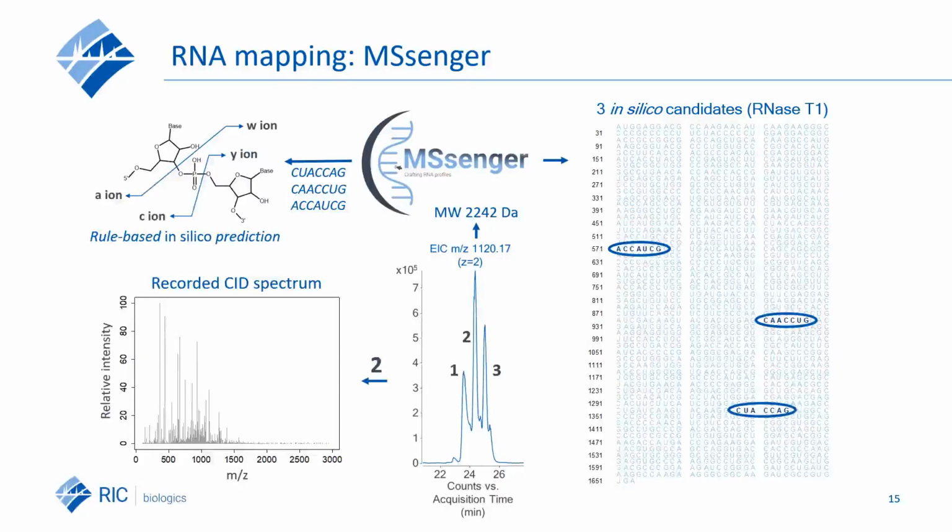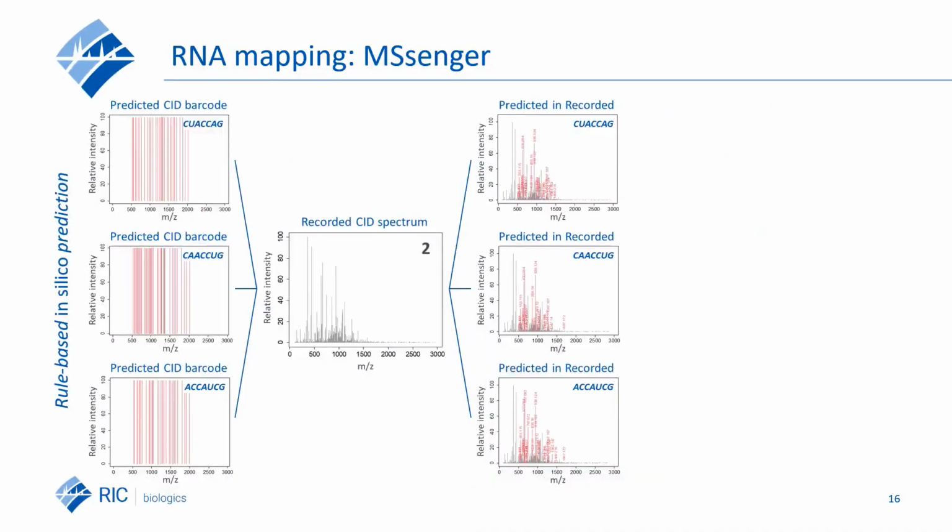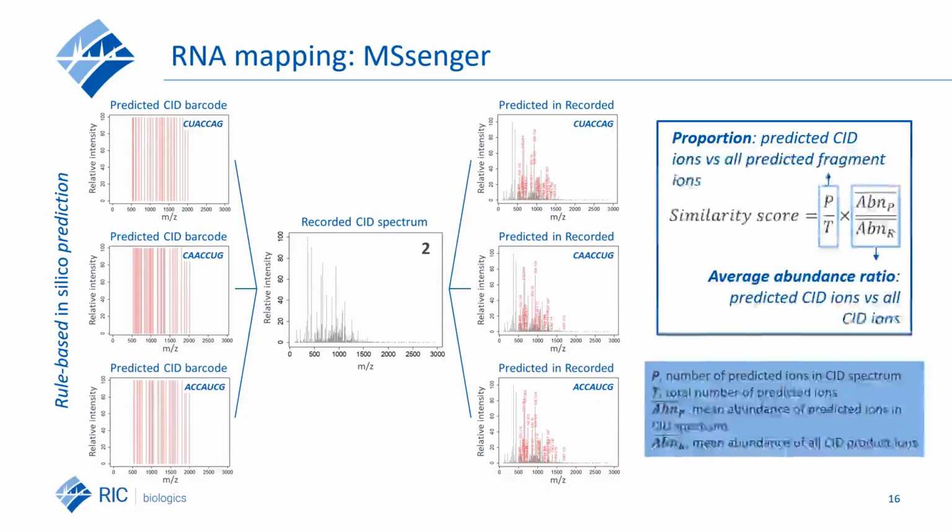On the other hand, based on the fragmentation rules and the mass obtained in full MS, we can fragment these isomers in silico, creating a barcode spectrum. Fitting these barcode spectra on the recorded spectrum, for example peak 2, we can select a best match representing a certain sequence. A similarity score is calculated and the highest score represents the best match.